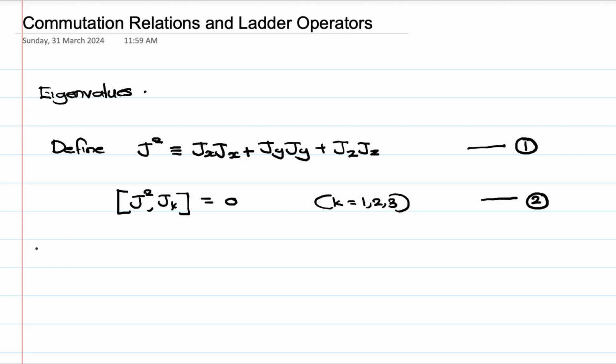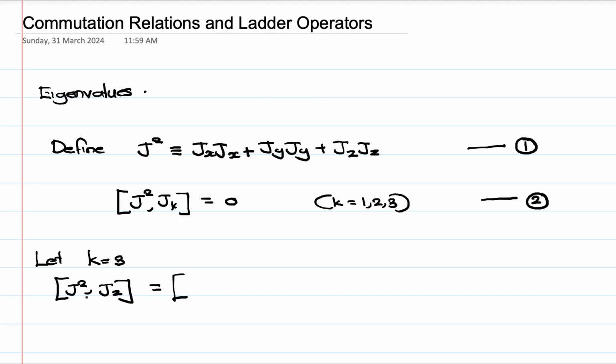So how do we prove it? For that I am just taking k equal to 3. So what I have is the commutator of j square and jz.